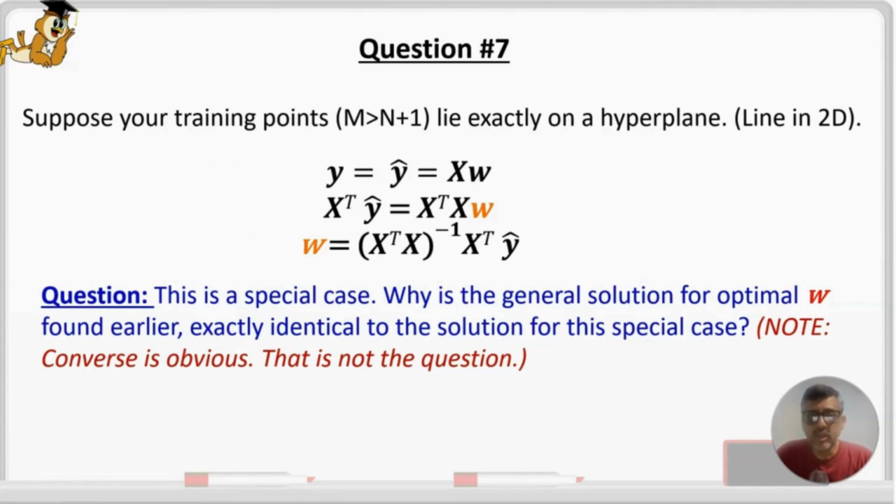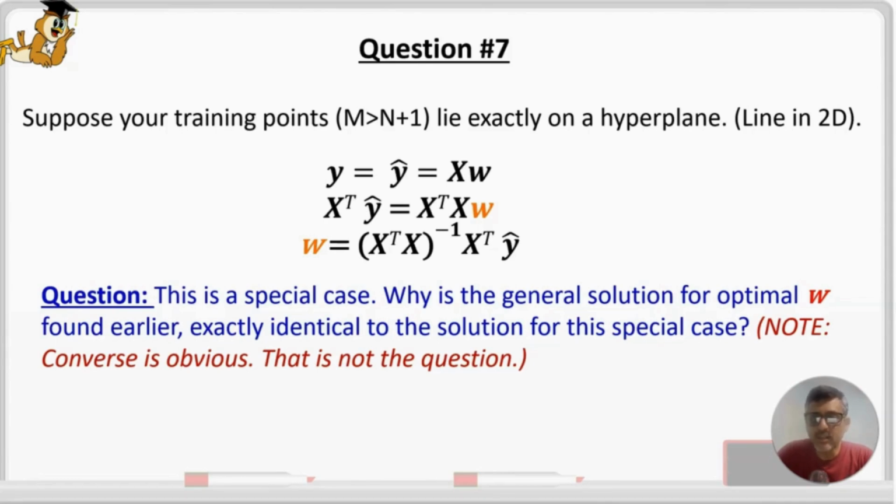So suppose your training points, m greater than n plus 1, lie exactly in a hyperplane, right, a line in 2D. In this case, your y and y hat are both equal and equal to x w, right?